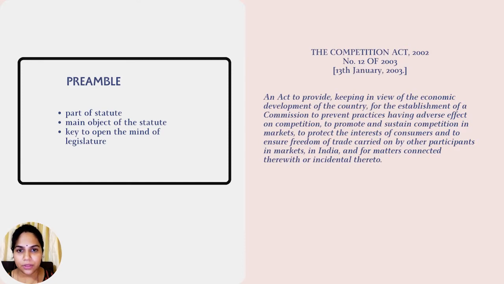Now the preamble. Under the Bare Act, after the index, the short title and long title, you witness the preamble. What is the preamble? It's a part of the statute, but it is not an enacting part, right? The preamble is expected to express the scope, object and purpose of the act more comprehensively than the long title. It may recite the ground and cause of making the statute. So in short, the preamble tells you the main object of making that particular statute.